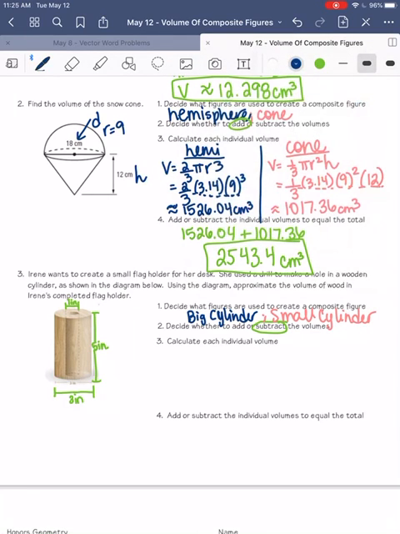Okay, so let's do the big cylinder first. We're going to do volume equals pi r squared h. Okay, so we're going to have 3.14. Now, of the big one, this is the diameter. So that means the radius would equal half, and that would be 1.5.